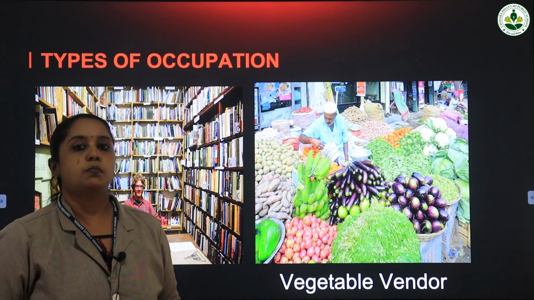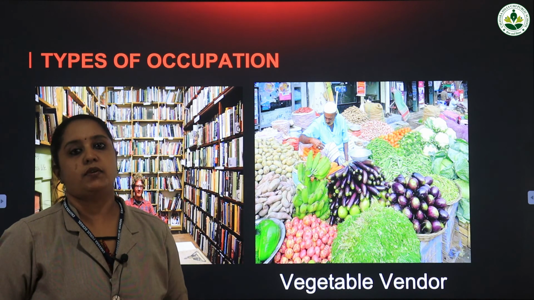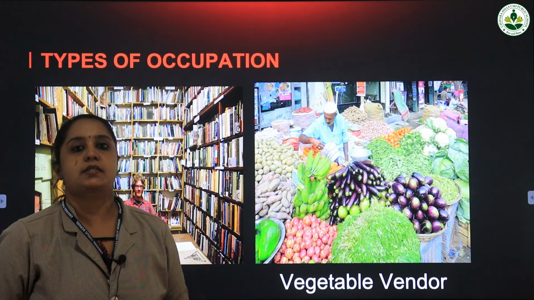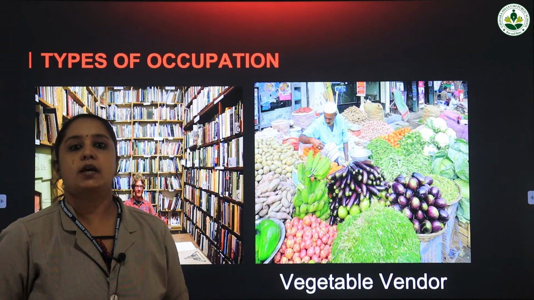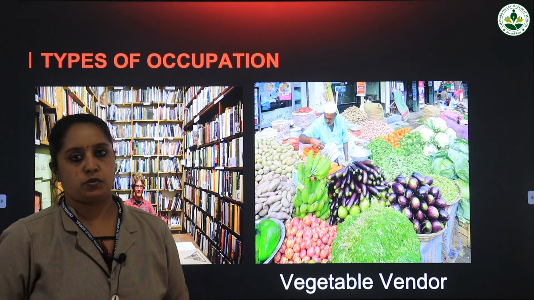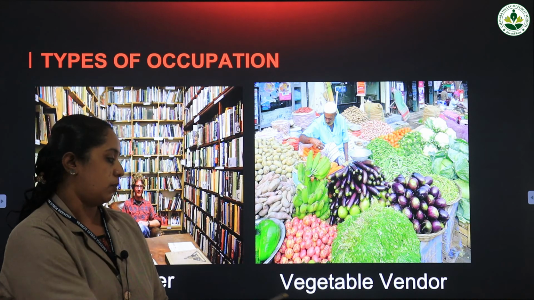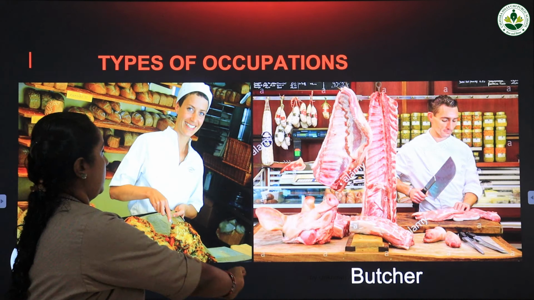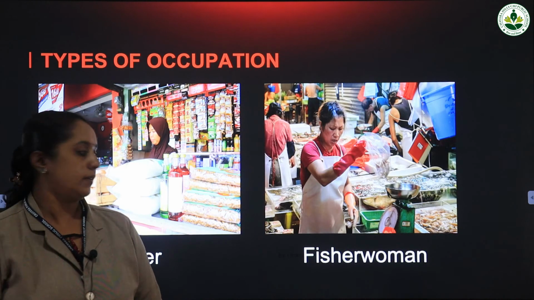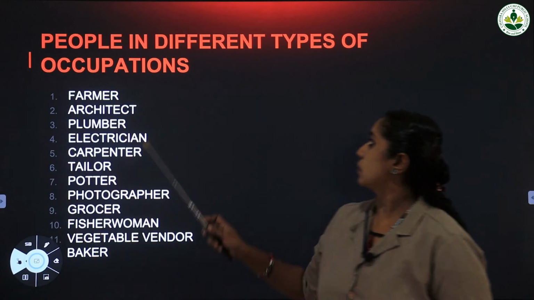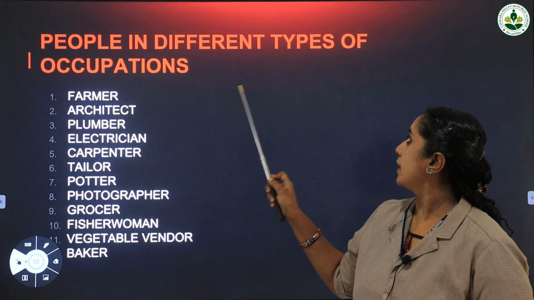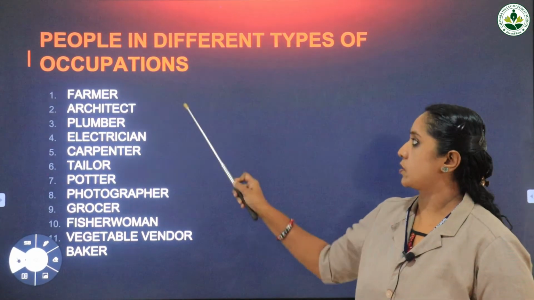So all these people do their specific jobs. Some people sell things, some people work on different things. So all of them are using different tools. So we studied about vegetable vendor, bookseller, baker, fisherwoman, butcher, etc. These are the different people engaged in different types of occupation.